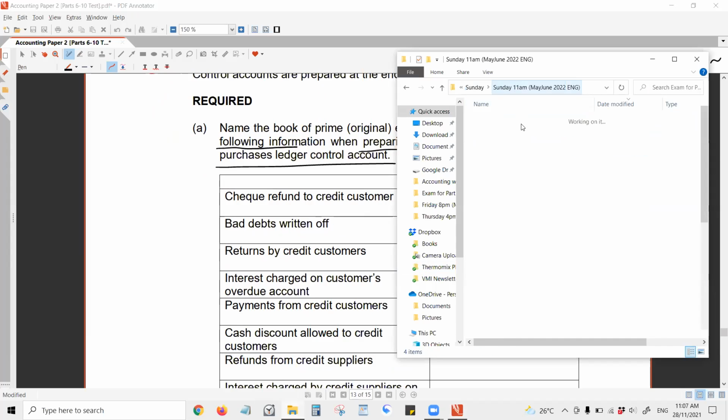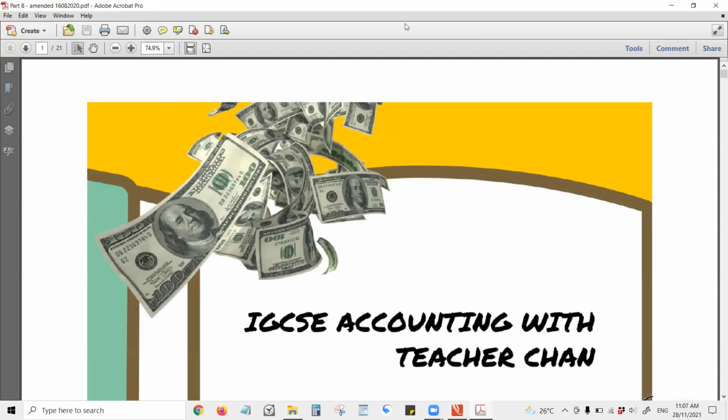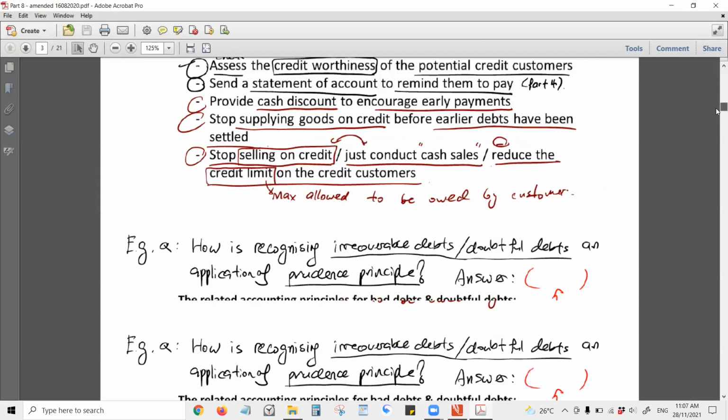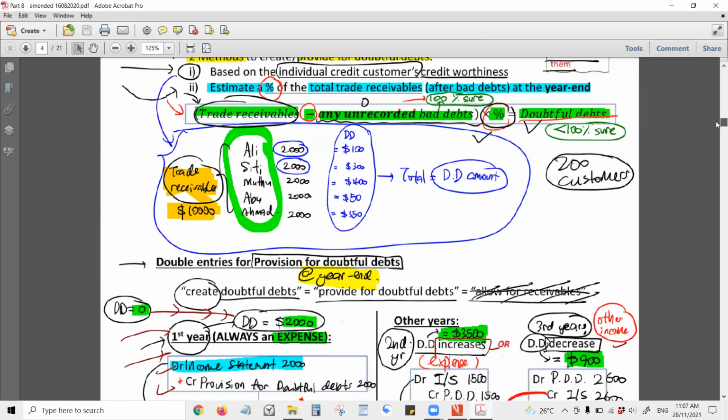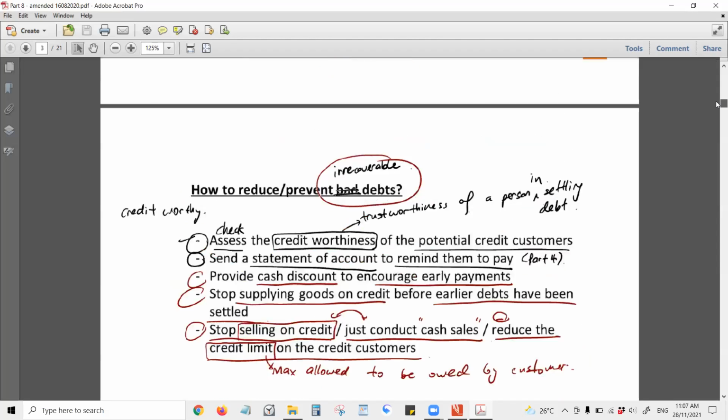So let me make you recall by showing you the notes. It's asking you where each number comes from, where each number comes from to do the control account.